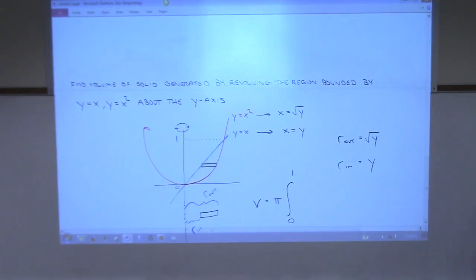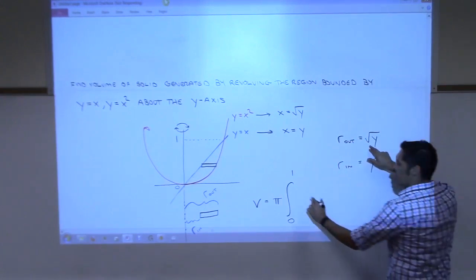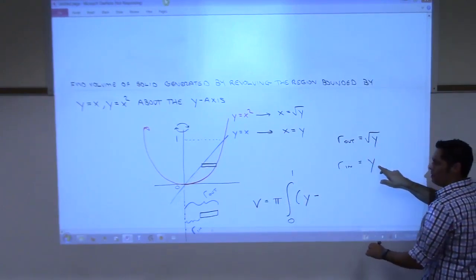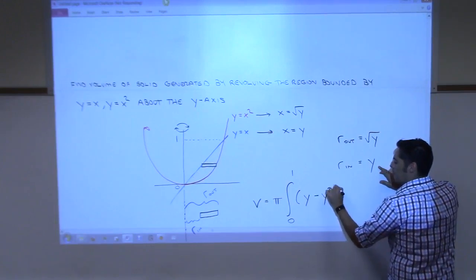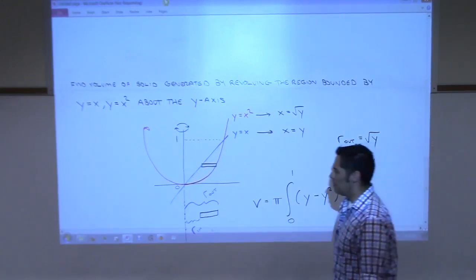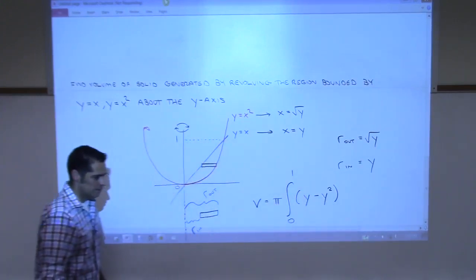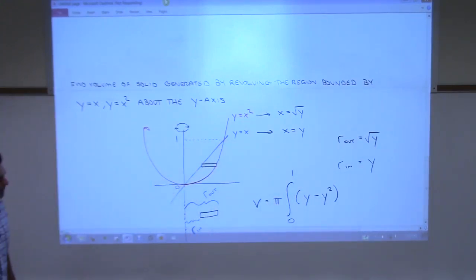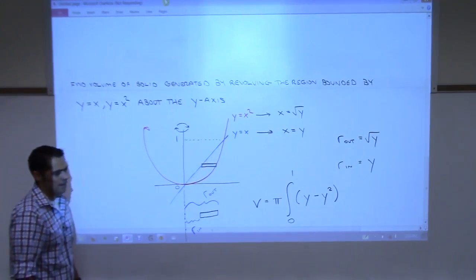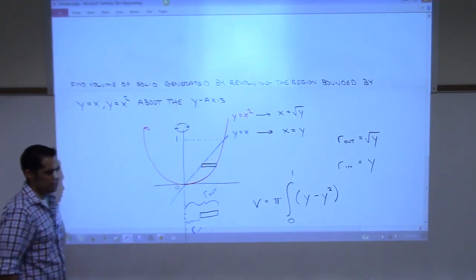R out squared minus R in squared, right? What's R out squared? y. Minus what's R in squared? Would it change if I went 1 to 0? Then our answer would be correct, but it would be negative. Everything would be reverse sign.